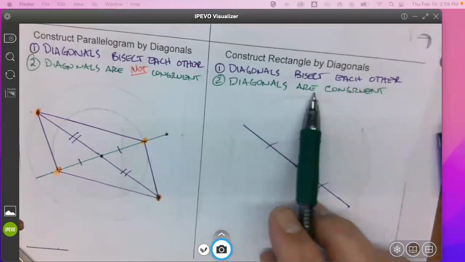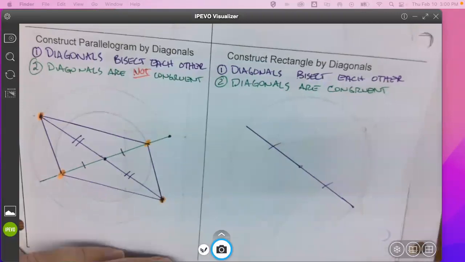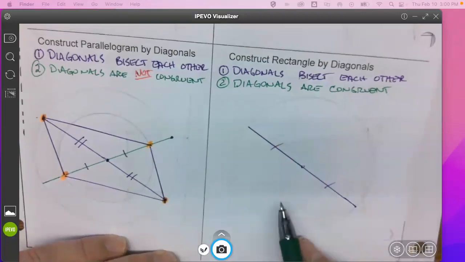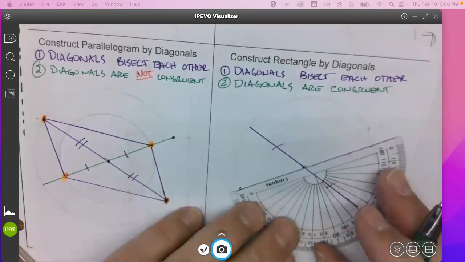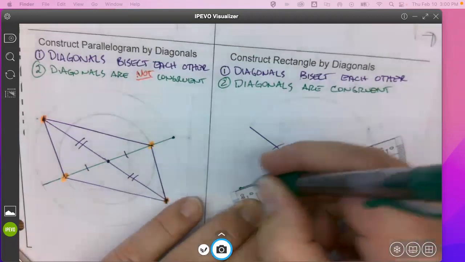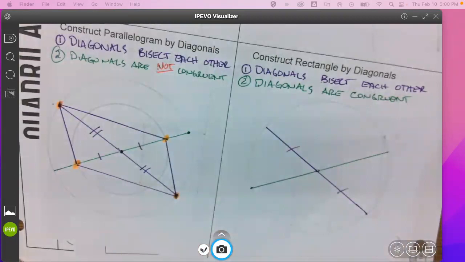This time it says diagonals are congruent. Do I need a different circle? Can I use the same circle since they're supposed to be congruent? Same circle, right? Just pick some other spot. Draw your diameter and connect the dots.